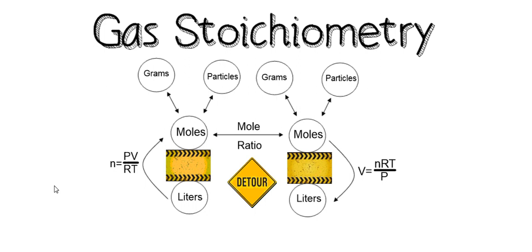So what we need to do is get from liters to moles. The only way to do that is by utilizing some of the variables that are associated with our gas, like our pressure, our volume, our temperature, and we can solve for moles. That'll get us on to the flow chart. If I'm on the flow chart and I want to get to liters, again, I have another roadblock, so I have to go on a detour.